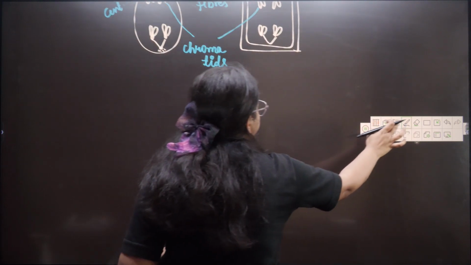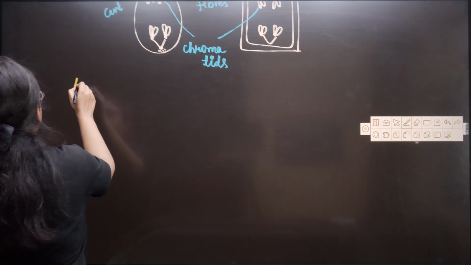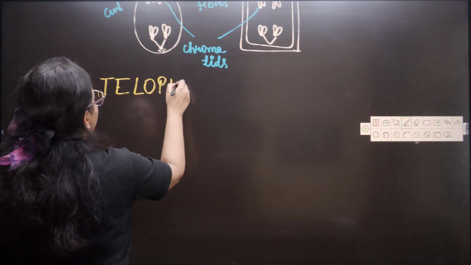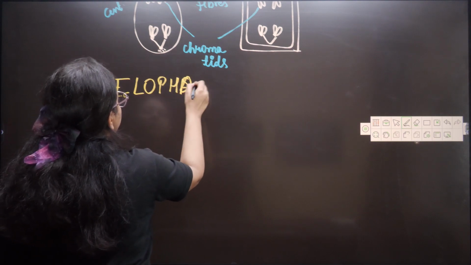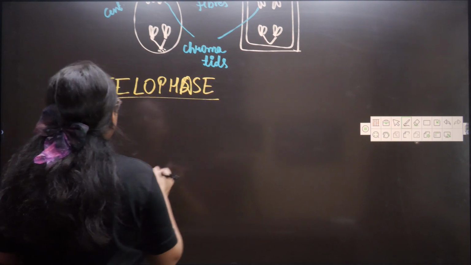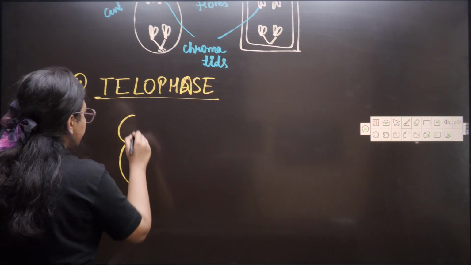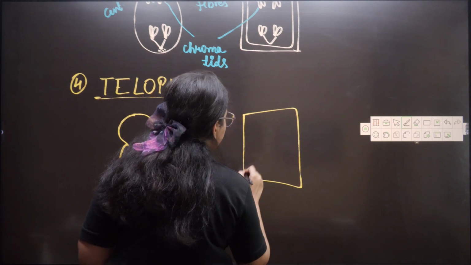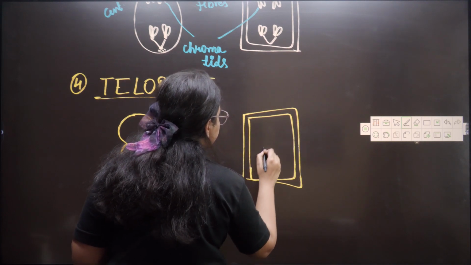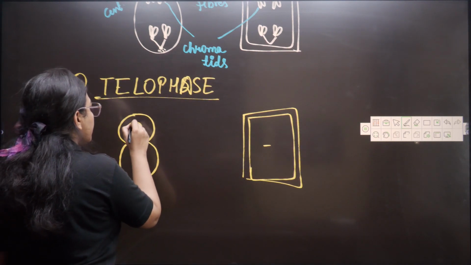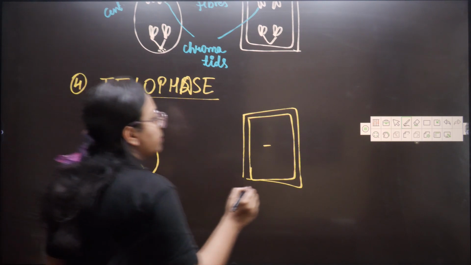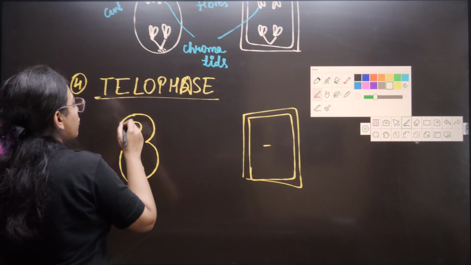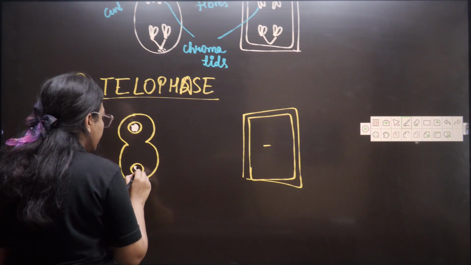Let's understand the next phase, the fourth phase. And the fourth phase is telophase. Now in this phase again the two diagrams, but here in animal cell there will be the furrow formation, and in plant cell there will be only cell plate formation. Then again the chromatin will be there, nuclear membrane will be there, and then those chromatids will be decondensed.